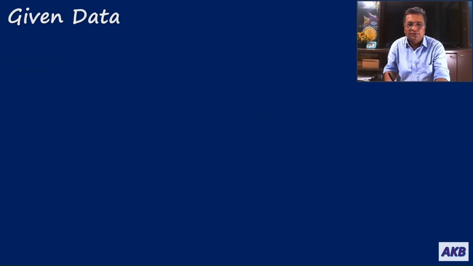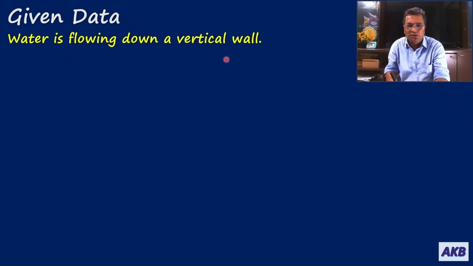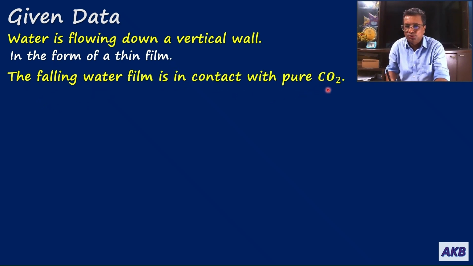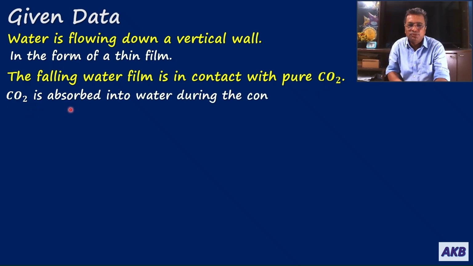Okay, so now first let us look at the given data. Water is flowing down a vertical wall, and it is falling in the form of a thin film. The falling water film is in contact with pure CO2, and during this contact, CO2 is absorbed into water.